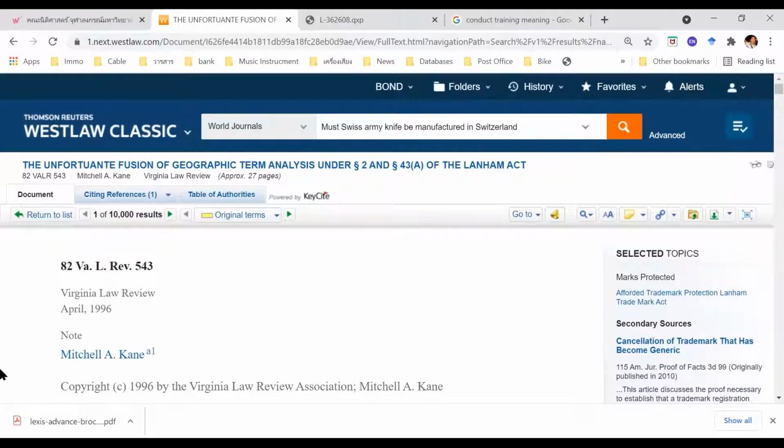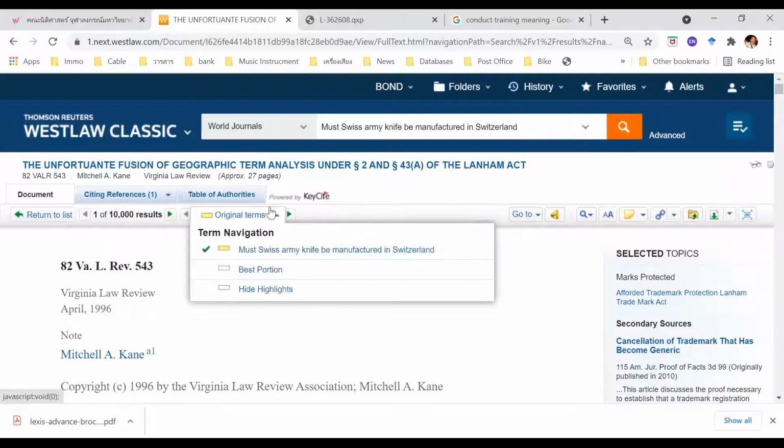You just follow me on this. You can look at the original terms. Just click the drop-down menus. And you see base portion. It's used for the natural language search. It shows only the natural language search portions. What does the portion mean?